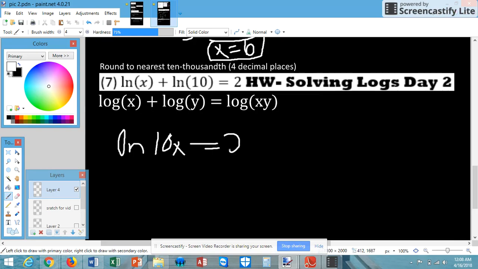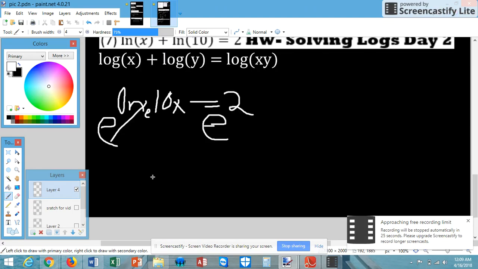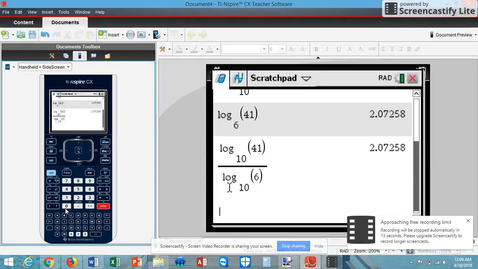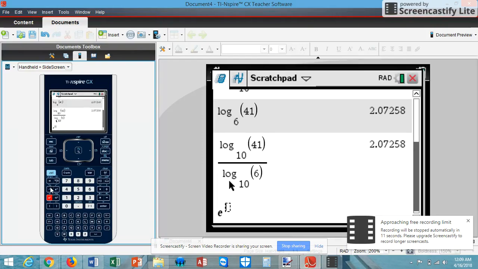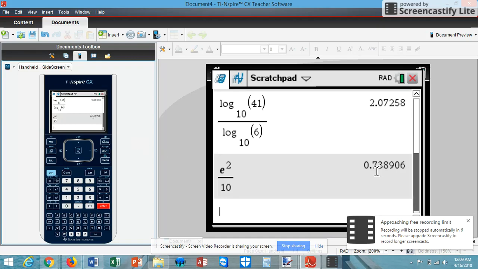And then that equals 2. So to get rid of the ln, the base is e. Natural log's base is e. So we're going to do that to both sides. We have 10x equals e to the second power. Divide both sides by 10, and you get your approximation. So you have e to 2 divided by 10, and that equals 0.7389.